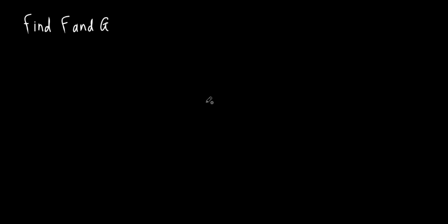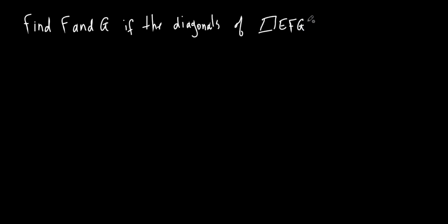So find F and G if the diagonals of parallelogram EFGH intersect at point T, and they tell you point T is (3, 2).